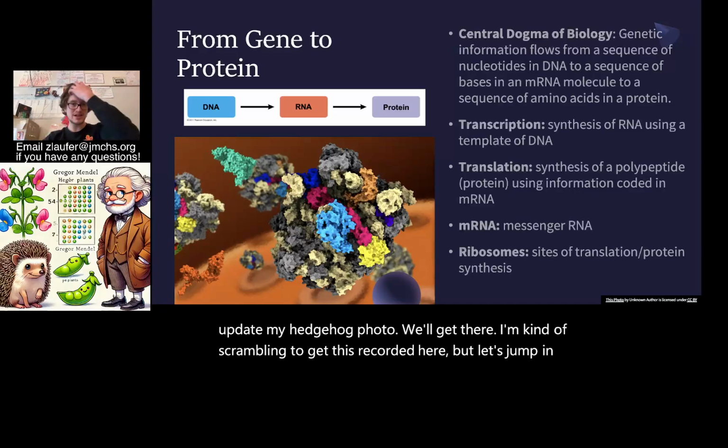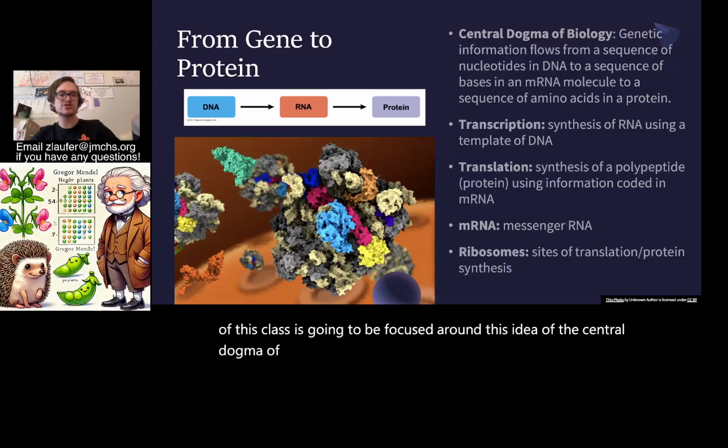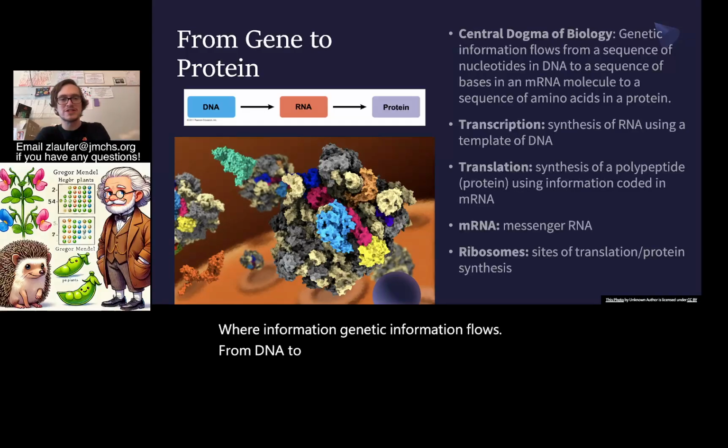So, the next bit of this class is going to be focused around this idea of the central dogma of biology, where genetic information flows from DNA to RNA to protein. That's kind of the three main players.